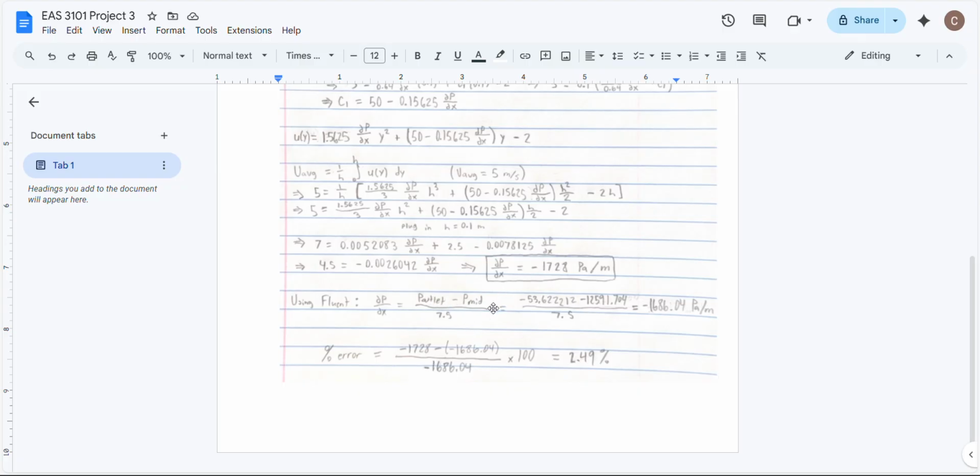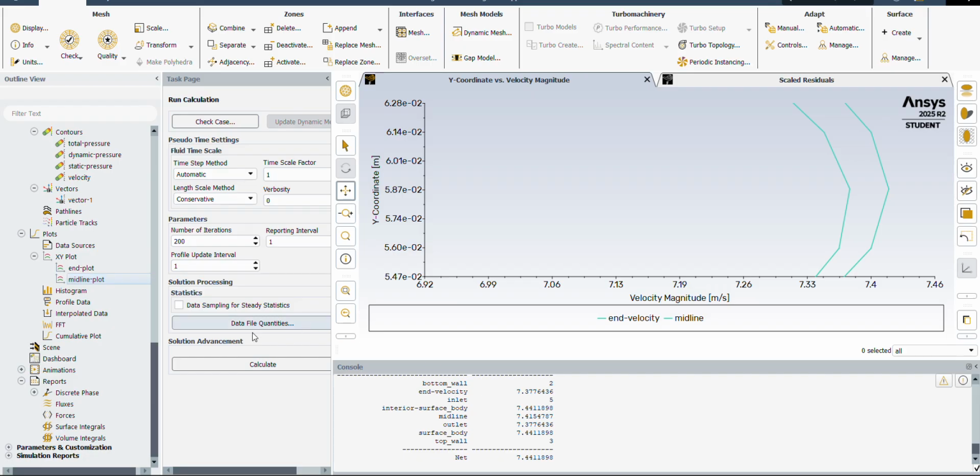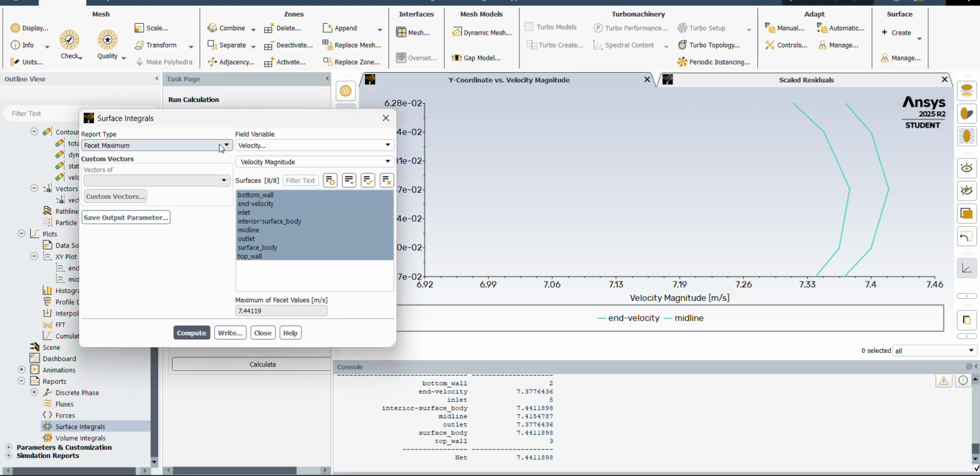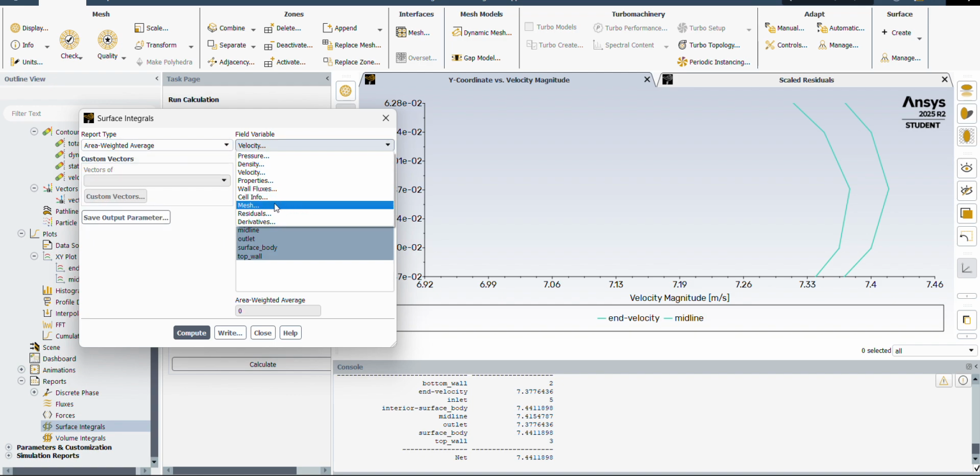To find pressure at the outlet and pressure at the midpoint, you can go back into Fluent, go into reports, click on surface integrals. You'll click area weighted average, change this field variable to pressure, leave it as static pressure, and we're going to compute from end velocity and midline.